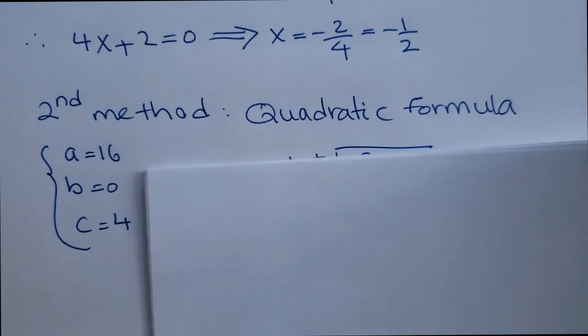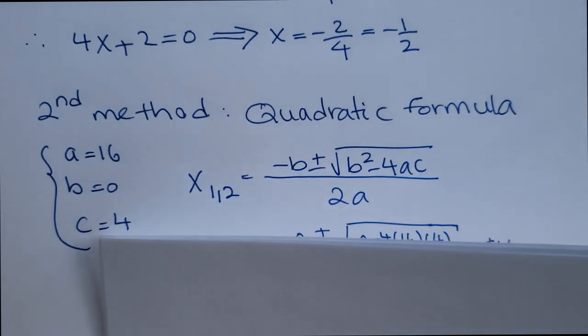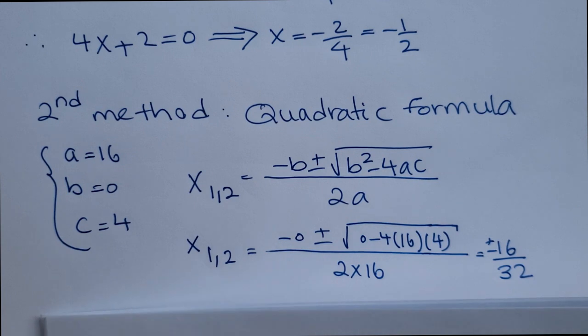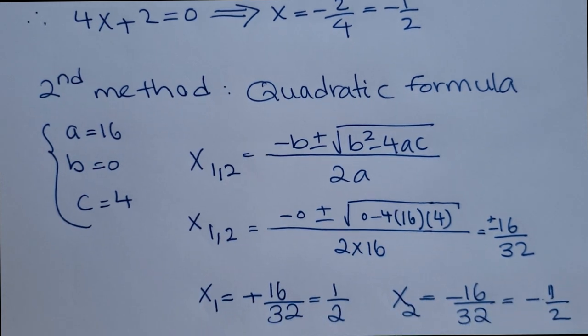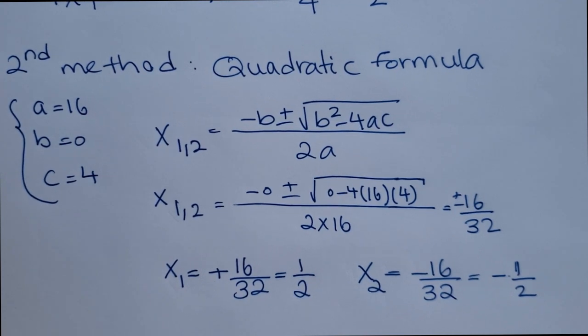So again, I substitute everything in the formula, and then I get two answers. And the two answers are exactly the same as the factorization method after simplification. So again, I have to reiterate that no matter what method you use, your answer should be basically the same.